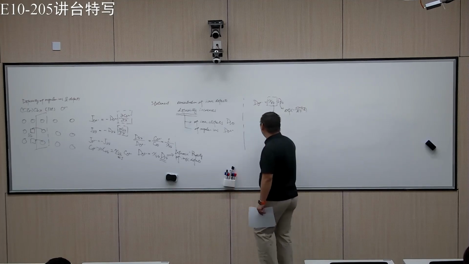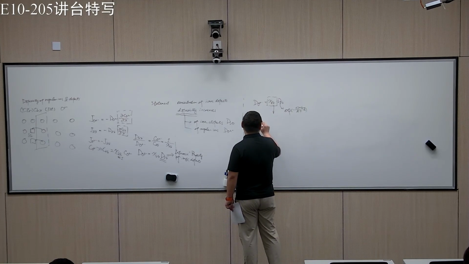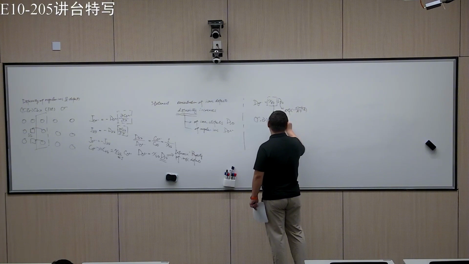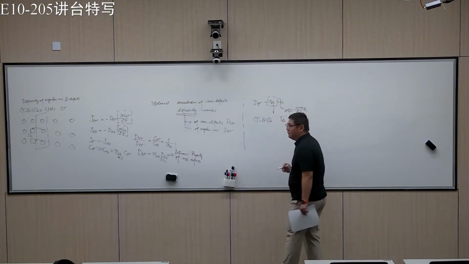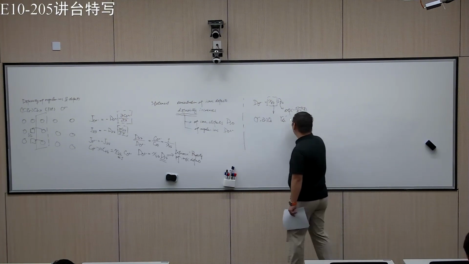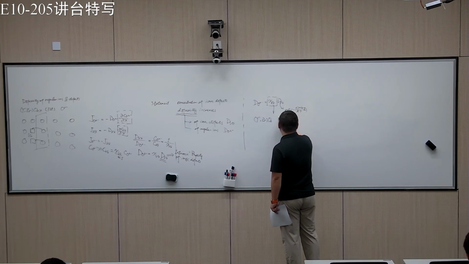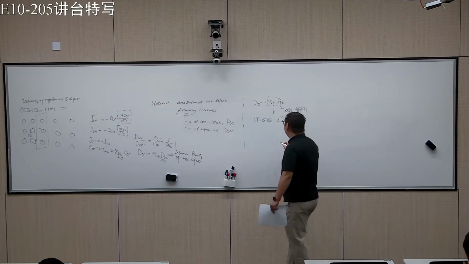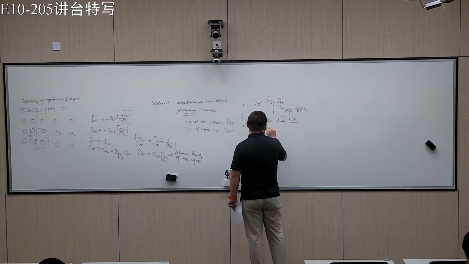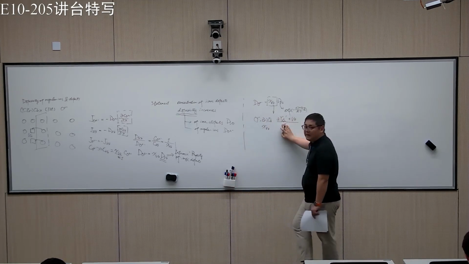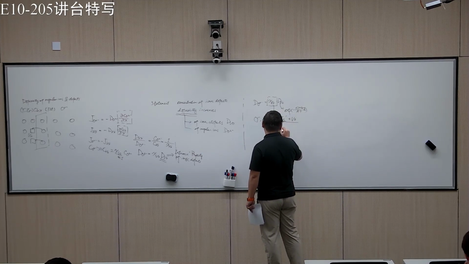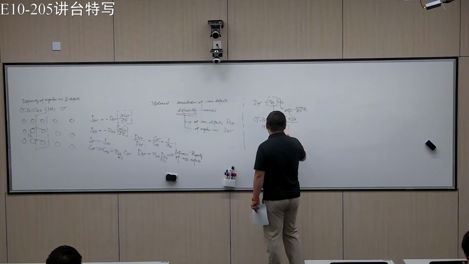For example, this is yttrium-stabilized zirconia. You dope the yttrium into the zirconium site, then you create oxygen vacancies. This is basically charge balance. Then the oxygen vacancy concentration is fixed by the dopant concentration.